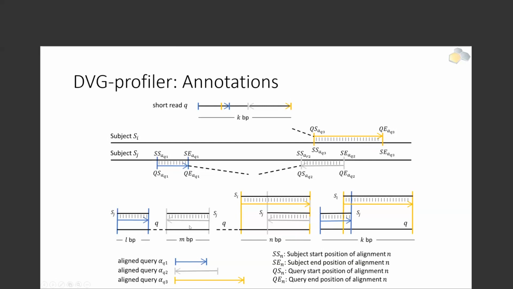So we have different cases here. We see that the blue and the gray split reads are not overlapping. They can also be partly overlapping, as we see here with the yellow and the gray, and they can be overlapping but yet not fully capturing the read. As you can see, this left subsection of the read is not captured by these two alignments.